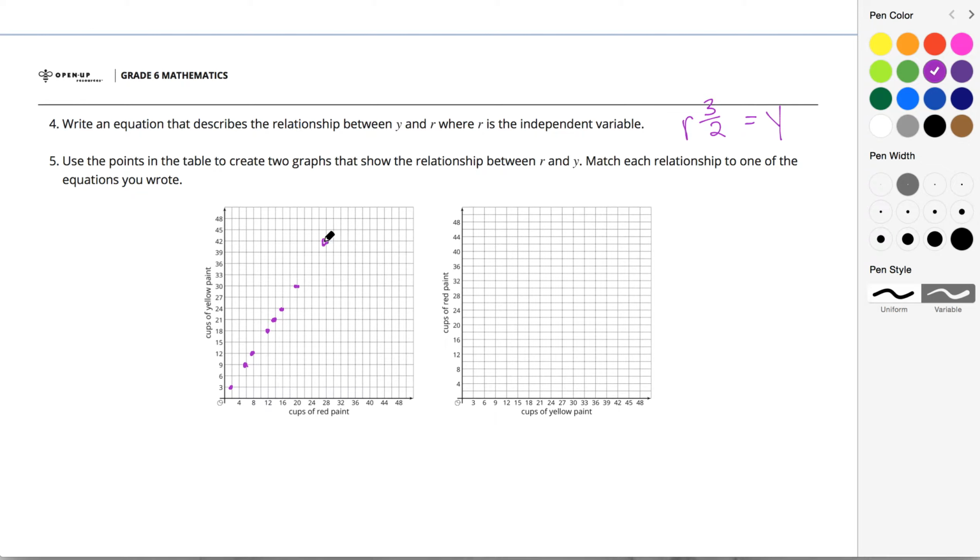Here we go. Okay, and then which equation was this one matching? This one was matching y equals 3 over 2 r. Because I was putting the red in first, and I was getting out y. Put the red in first, multiply it by 3/2, get the y. Now we're going to do the exact opposite on this one.